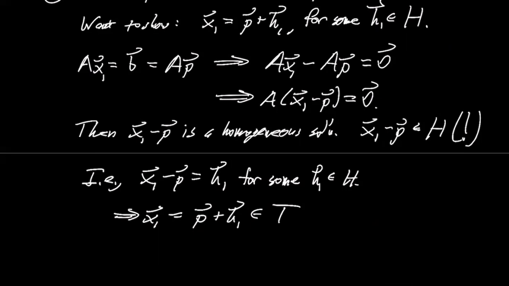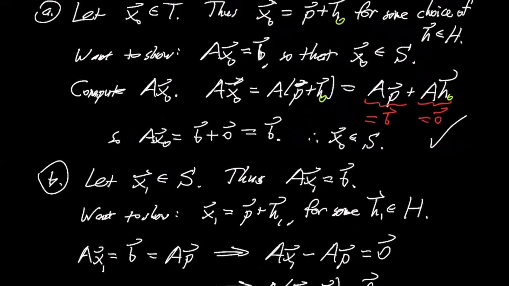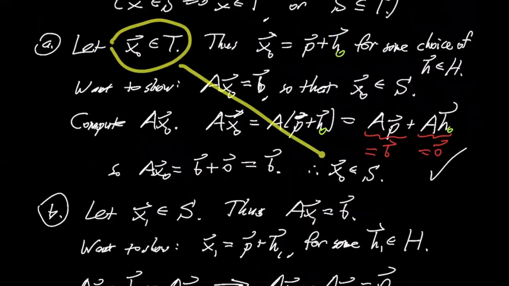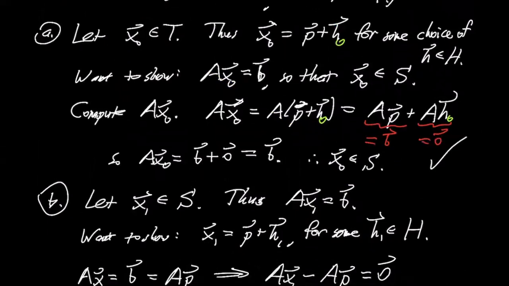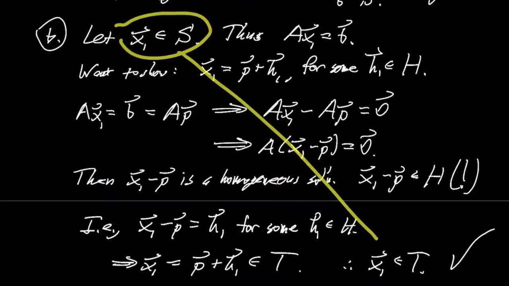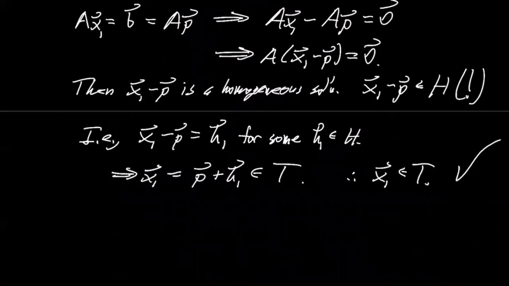And so, therefore, x1 lives in T. And that's what we wanted to prove. So in part A, we started with an x naught in T and showed that it lived in S. And then in part B, we started with an element of S and showed that it lives in T. And that proves both ways. So we're done.